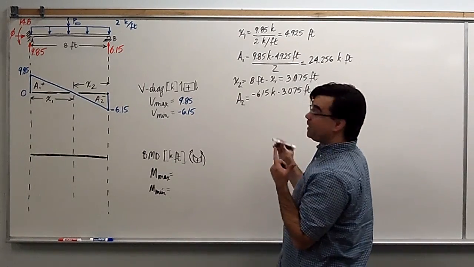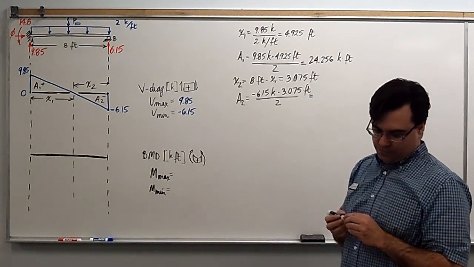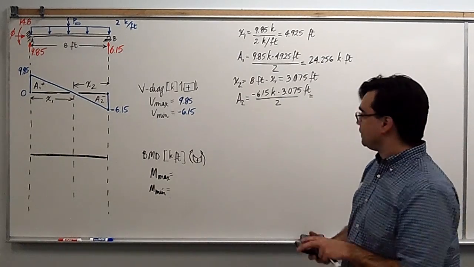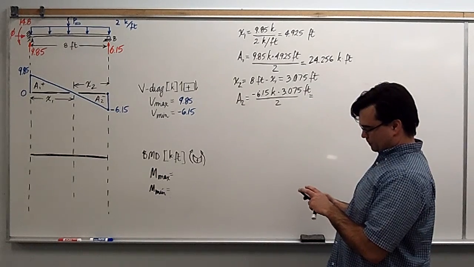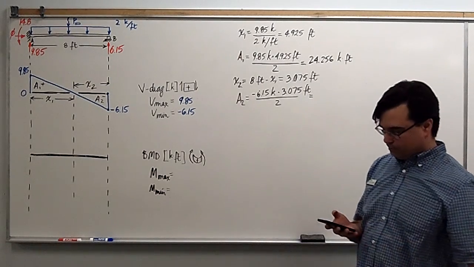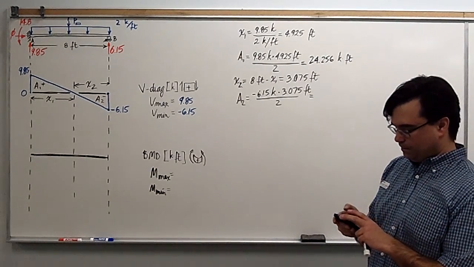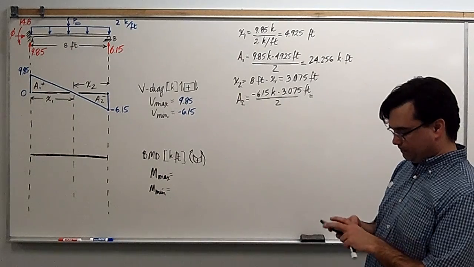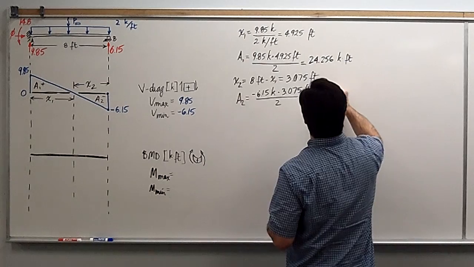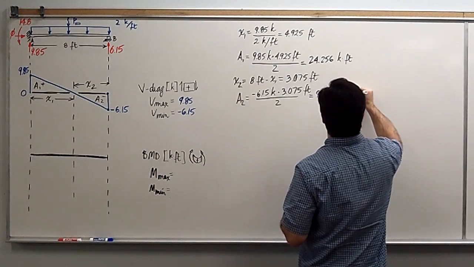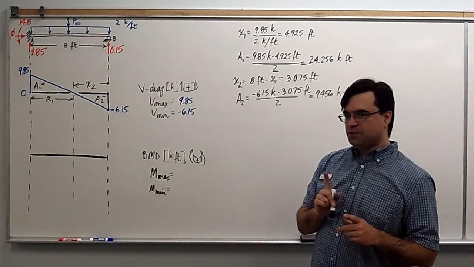And don't forget to divide it by 2. This area comes out to be 9.456. Okay? So we're going to pause here for a second.